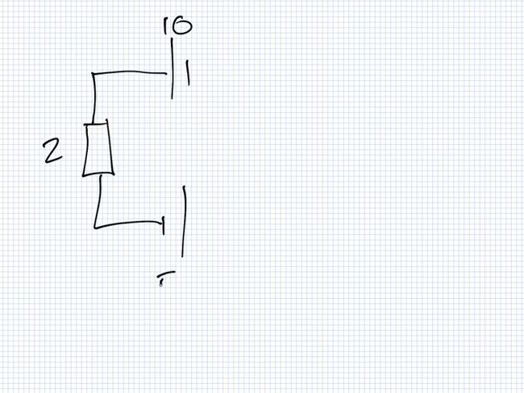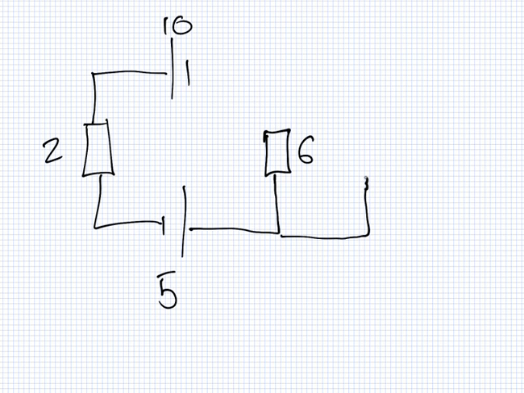Ready? So the first step is to draw in the current. My advice: start at the biggest cell. The biggest cell is the 20 volts. I'll start here, so I'll call this one I1.